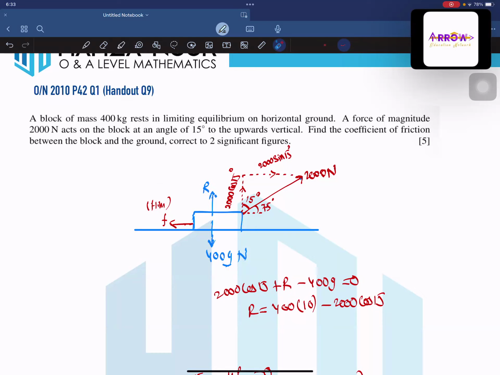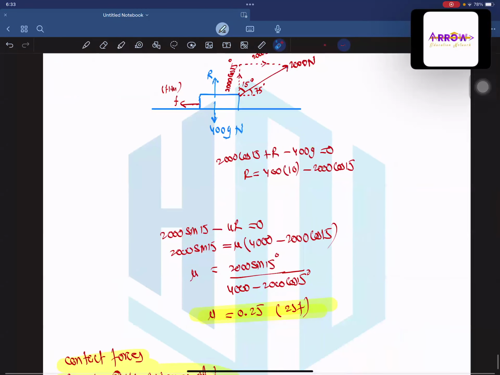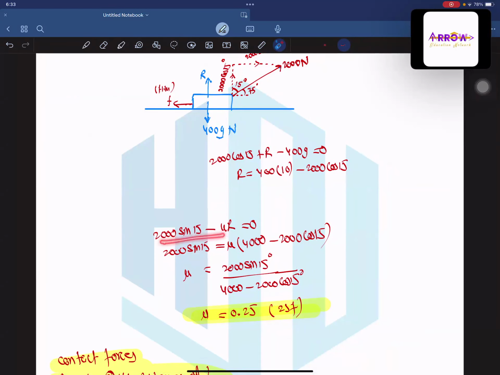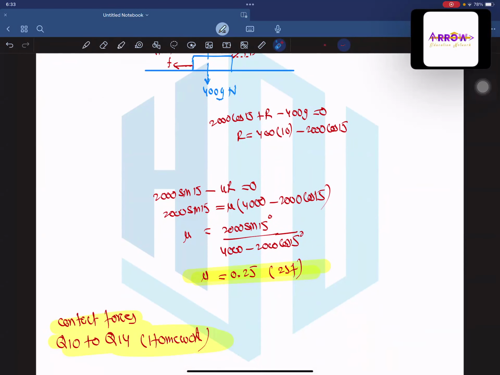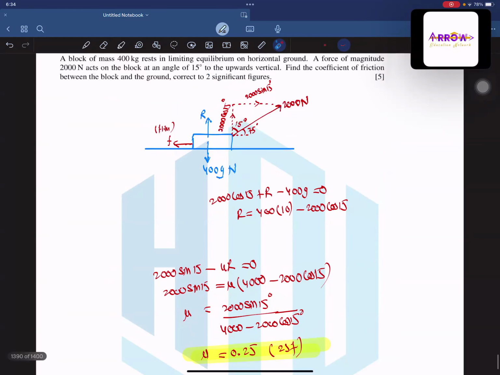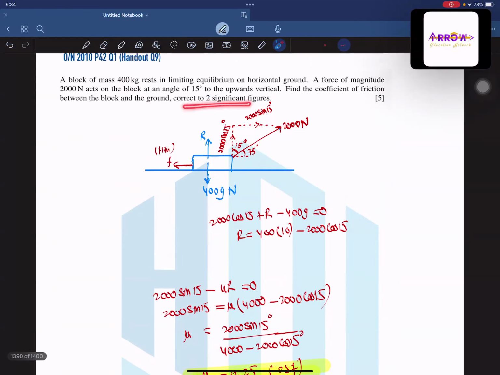So this friction is F lim, or F max, or simply mu R. So 2000 sine 15 minus mu R is equal to 0. Therefore 2000 sine 15 equals mu R. In place of R, I put the complete expression, 4000 minus 2000 cos 15. So mu equals 2000 sine 15 divided by 4000 minus 2000 cos 15. So mu equals 0.25, correct to two significant figures.